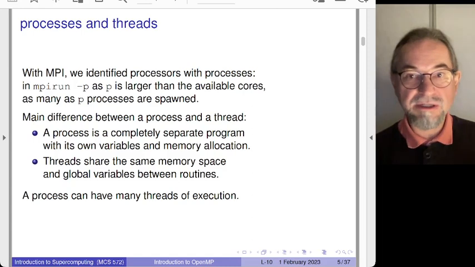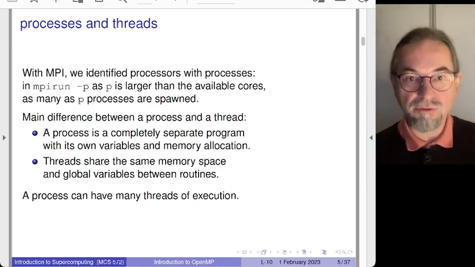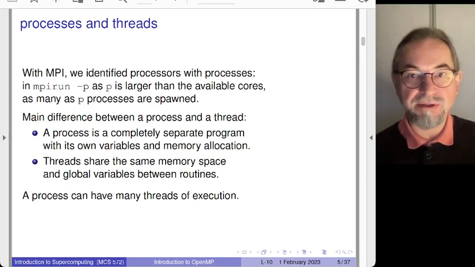A process can be seen as a separate program with its own variables, and it can do its own memory allocation. So writing distributed memory programs is a very general tool to introduce parallelism.